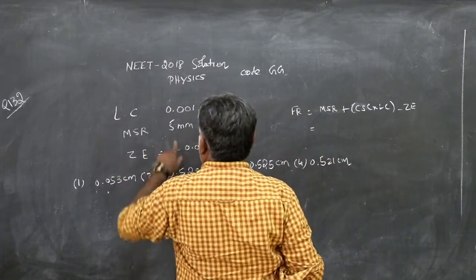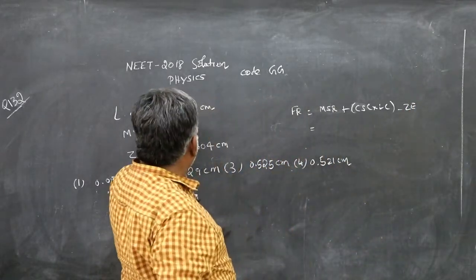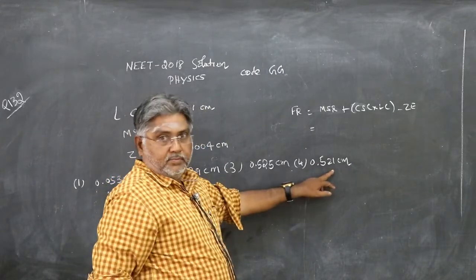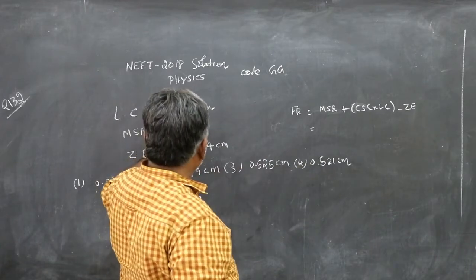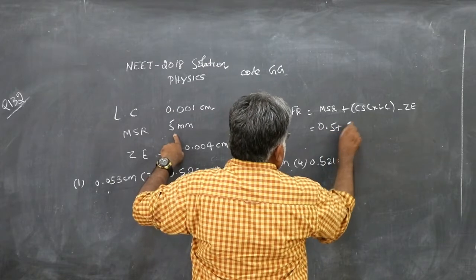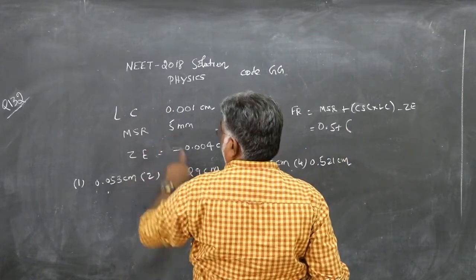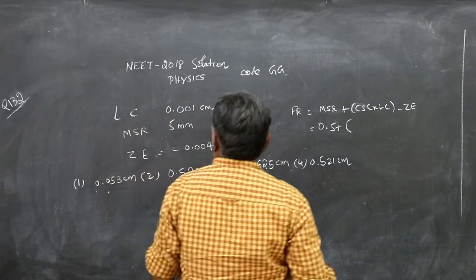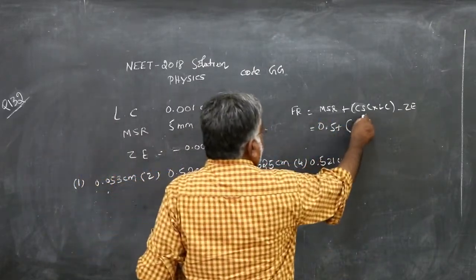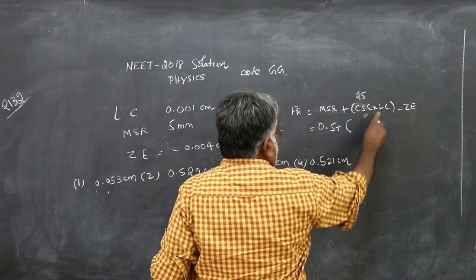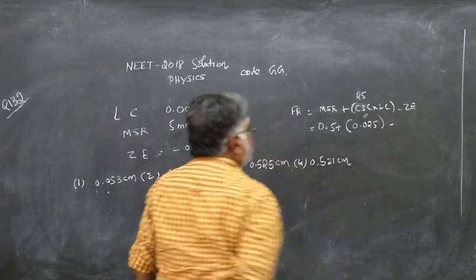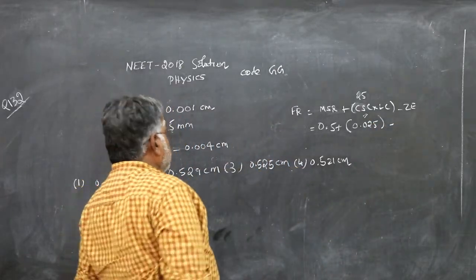So main scale reading 5 millimeter, but because the least count is expressed in 0.001 centimeter and all the answers are in centimeter, convert this into centimeter. 0.5 centimeter plus coincidence, which is given to be 25 into least count, so 0.025 centimeter, minus zero error.